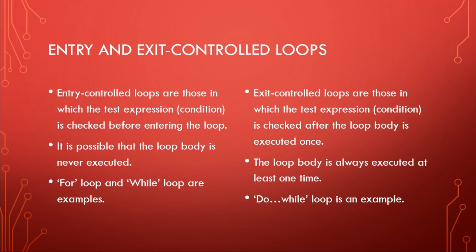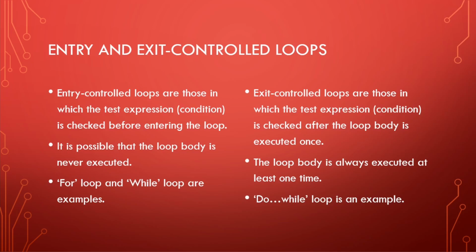Next, we have the exit control loops, which are the opposite of entry control loops, where the test expression is checked after the loop body is executed once. So this allows the loop to always be executed at least one time.